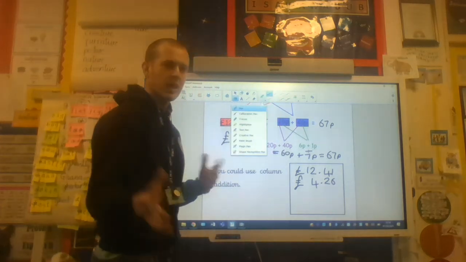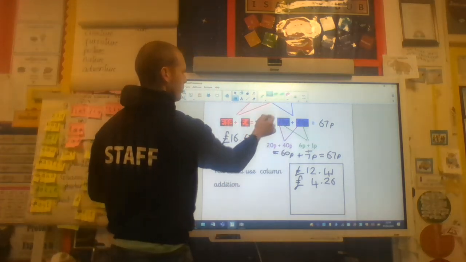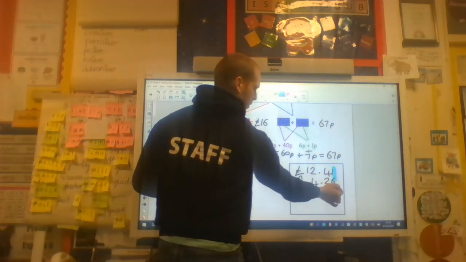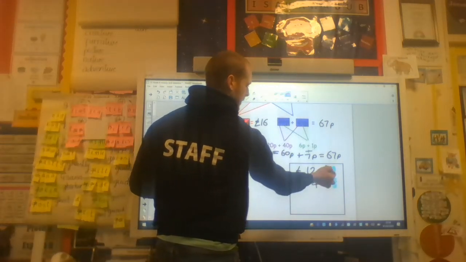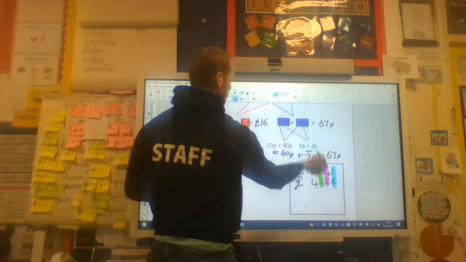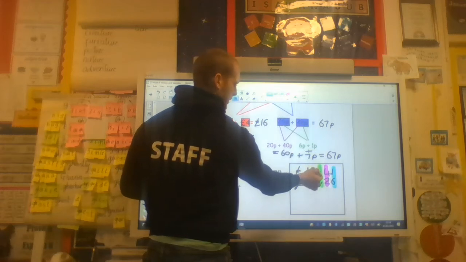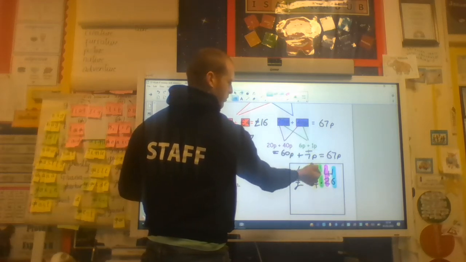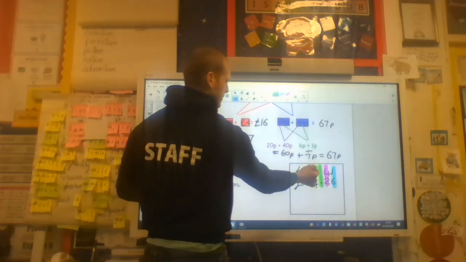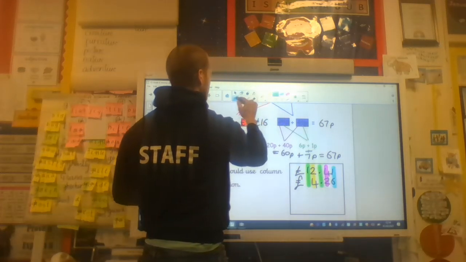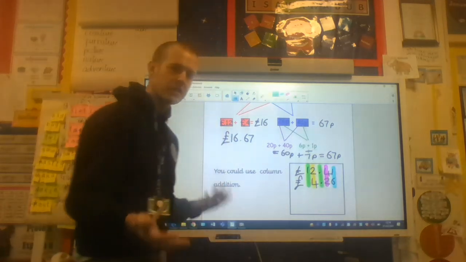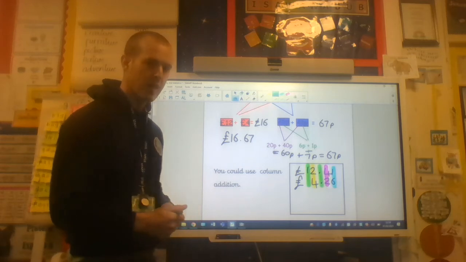I just want to point out to you the importance of making sure our columns have lined up. Ones of pence, tens of pence, decimal point, singular pounds there, and then I've got tens of pounds here. It's really important we get these lined up properly, so you can use your decimal point to help you with that.